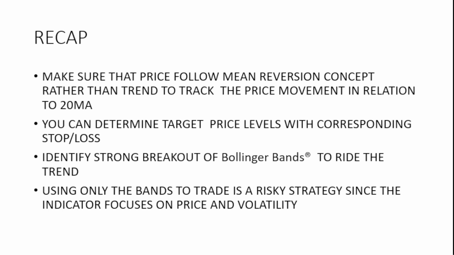Here we have a small recap. When you apply this strategy, please make sure that price follows the mean reversion concept rather than a trend, to track the price movement in relation to the 20 period moving average. You can determine target price levels with corresponding stop loss, so you can look at the bands and put some stop loss on it.